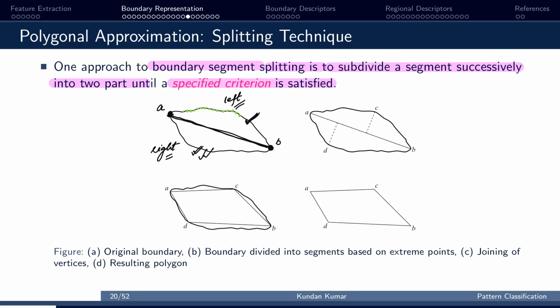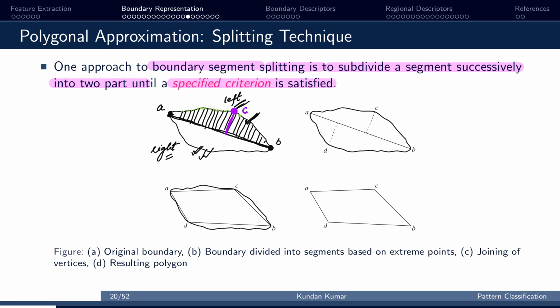Then we will find the distance of each point in the set left from this line segment AB, and we will select the pixel having the maximum perpendicular distance from this line segment. So suppose this point is at the farthest perpendicular distance from the line segment AB. So suppose this is C. Okay.